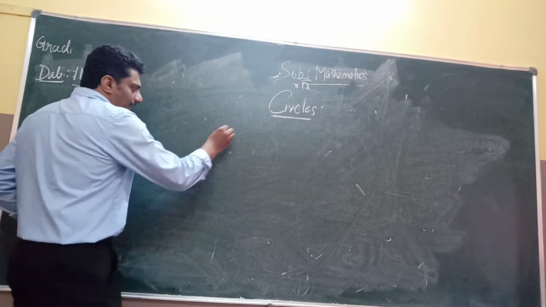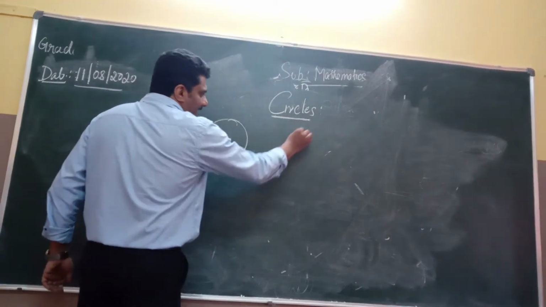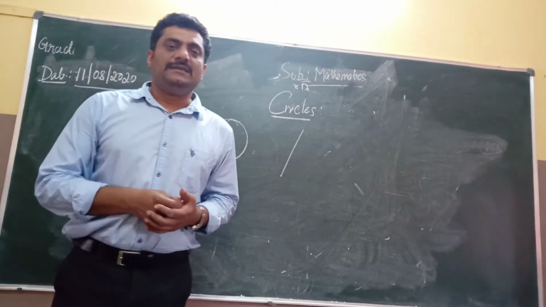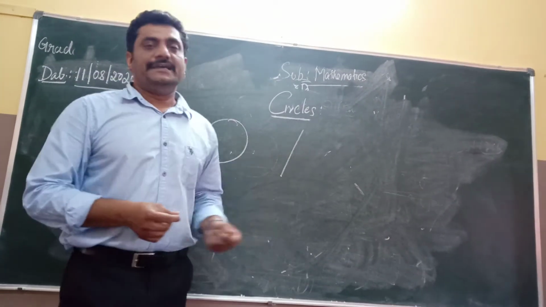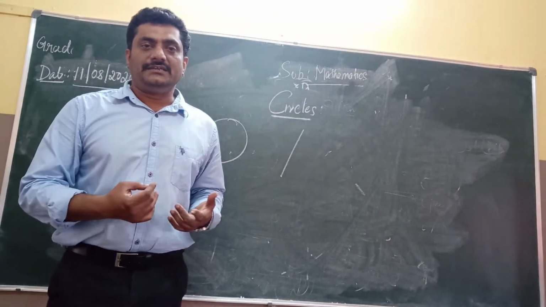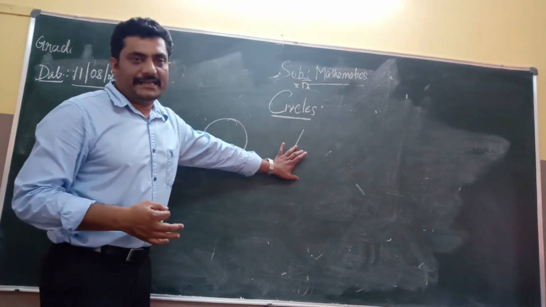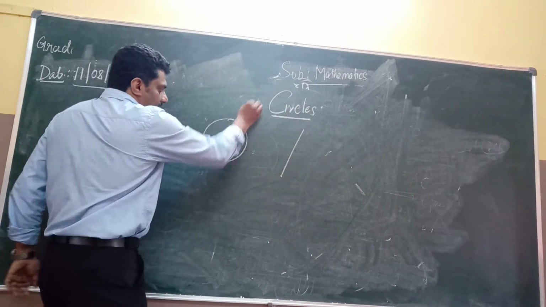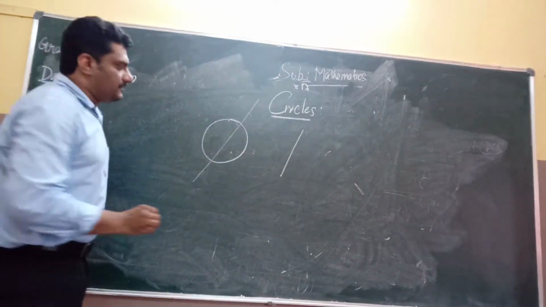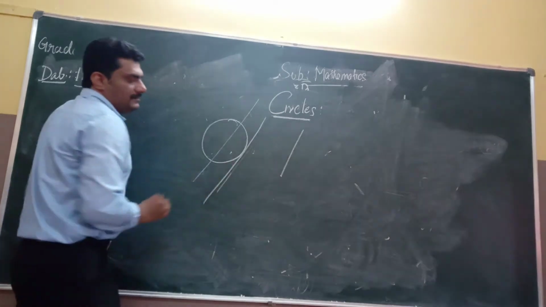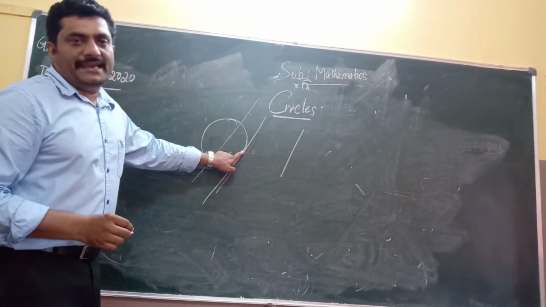Now, for example, I have a circle here and I have a line here. What are the different possibilities in which we can relate the line and the circle? See, I can either keep a circle and a line like this, or I can do like this, or I can touch it on the edge.